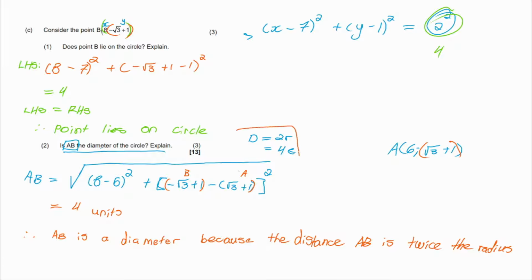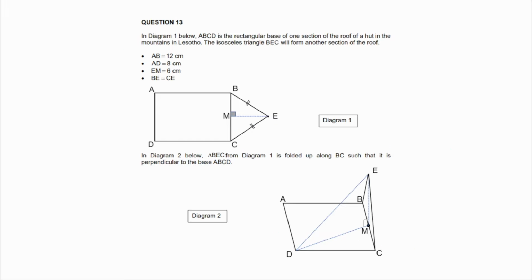And that came from this. Okay, so the diameter is twice the radius, while AB is twice the radius, so it has to be a diameter, because both of the points lie on the circumference. Alrighty, cool. Now let's get into the final question of the paper.